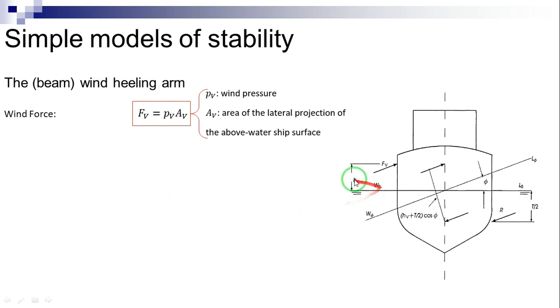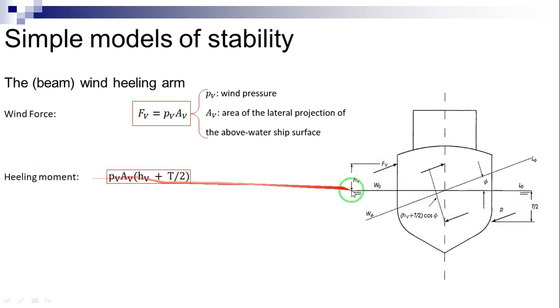Under the influence of the force Fv, the ship tends to drift, a motion opposed by the water with the force R equal in magnitude to Fv. To simplify calculations, we assume that R acts at half draft, T divided by 2. The two forces, Fv and R, form a torque that inclines the ship until the heeling moment equals the righting moment.